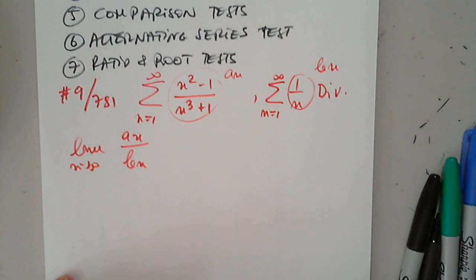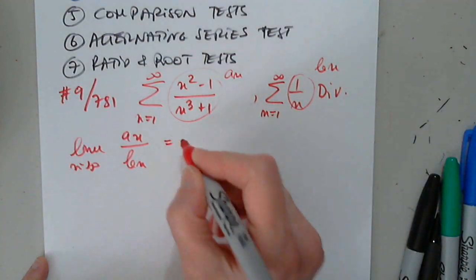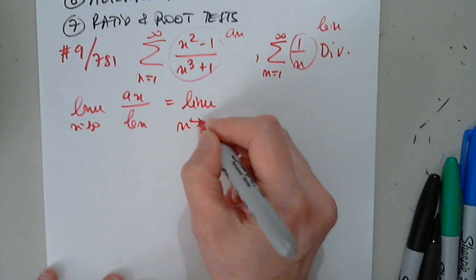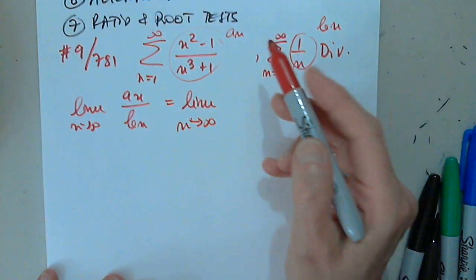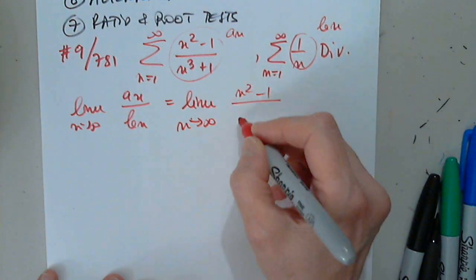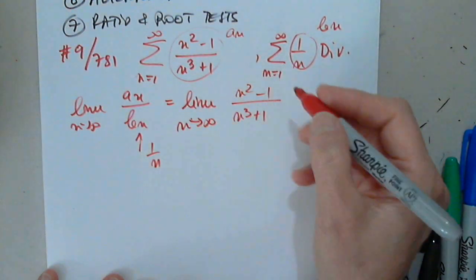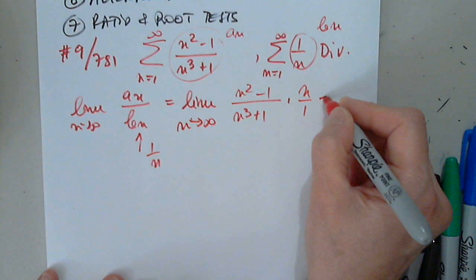Let's see how we simplify this. Okay, so this will be the limit as n approaches infinity of n squared minus 1 over n cubed plus 1, and this is 1 over n, so I will flip it into n over 1.